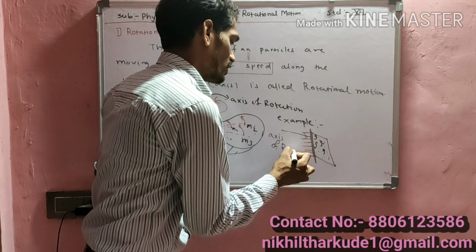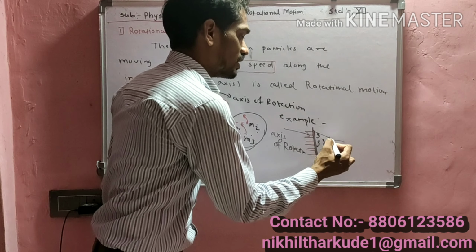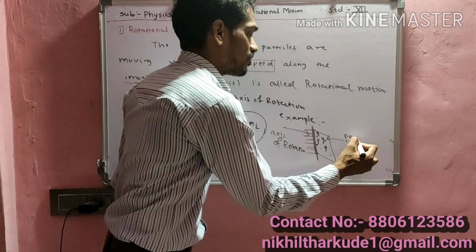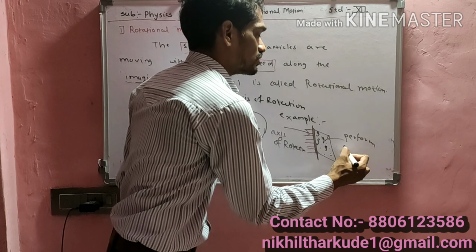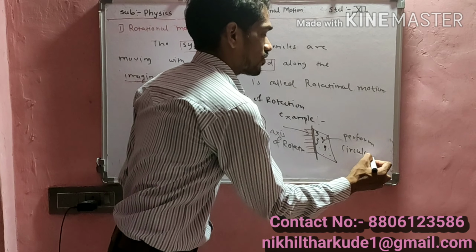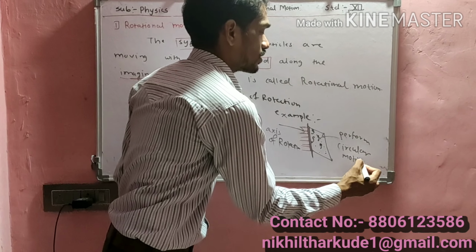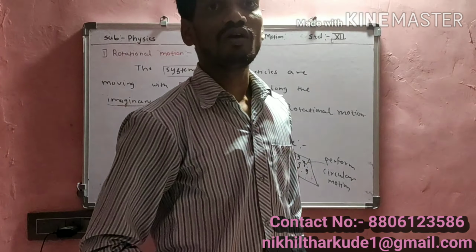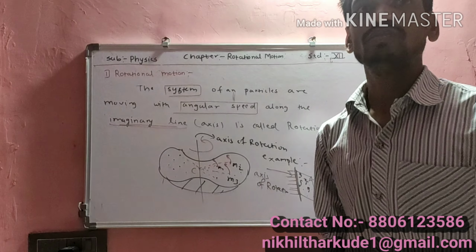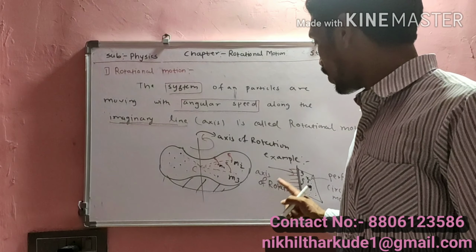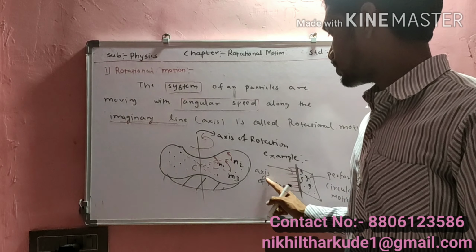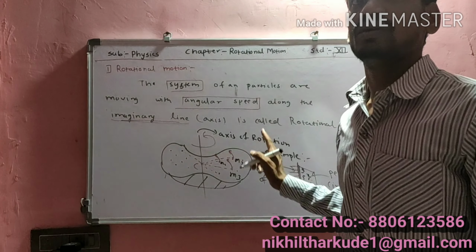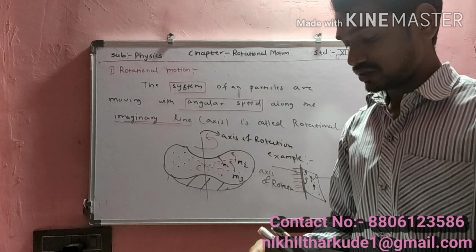Which motion do these particles perform, students? Circular motion. A system or collection of particles performing circular motion along the axis of rotation is called rotational motion.